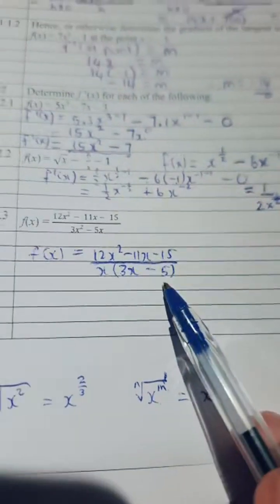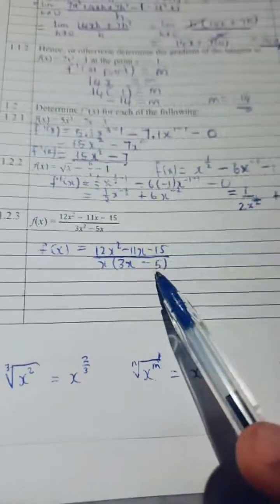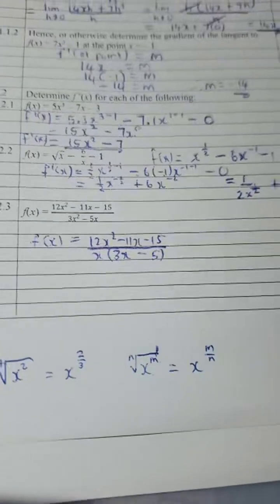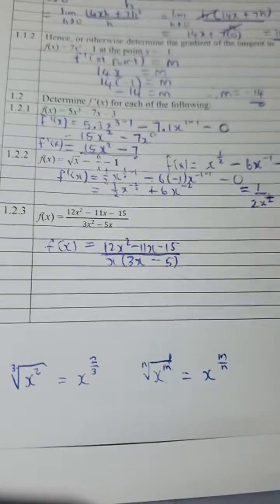So let's just write this. Let's go to the denominator. Here in the denominator, it's clear that x is the highest common factor. We write 3x minus 5. Now I have a feeling that this 3x minus 5 has to cancel with something here in the numerator.